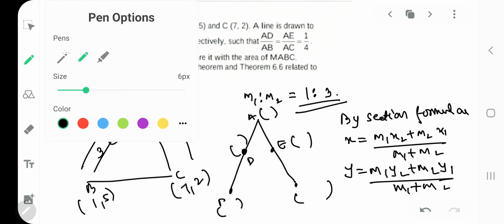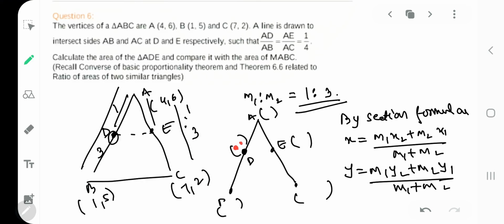So this is how you will get coordinates of D and E.